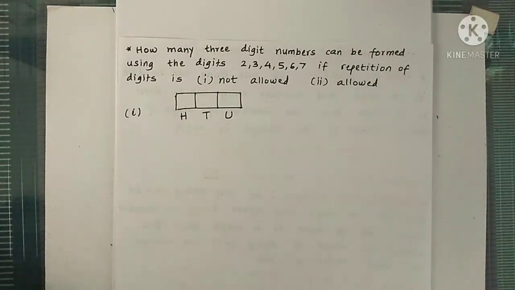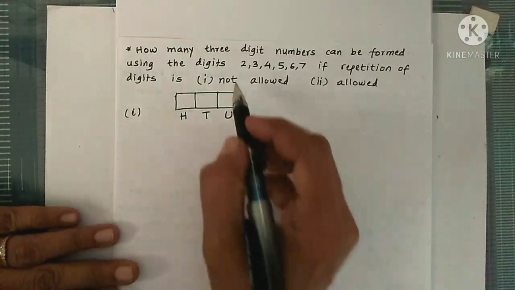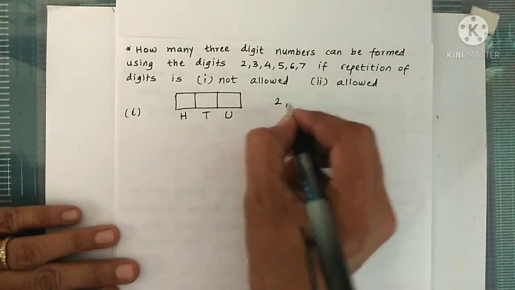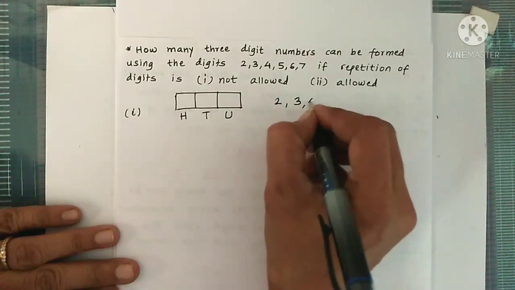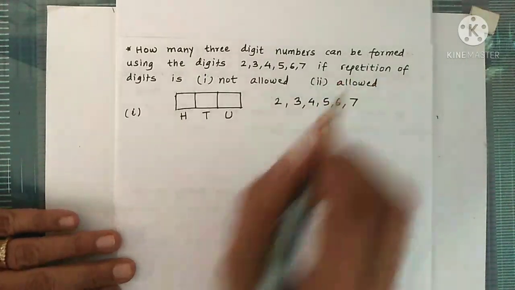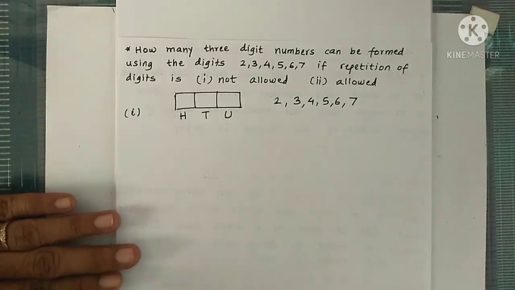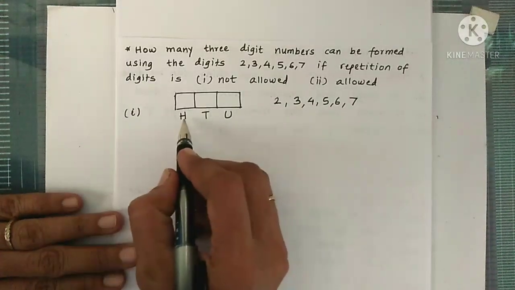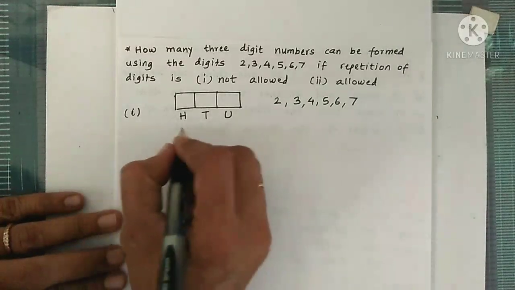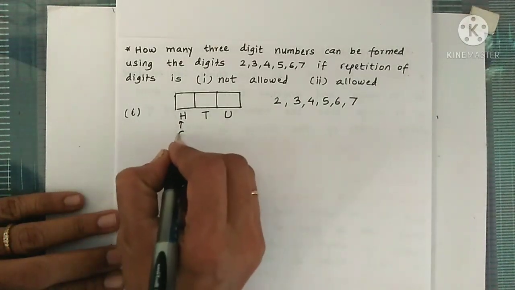Let's see how we can do this. In the first one, repetition of digits is not allowed. The given digits are 2, 3, 4, 5, 6, 7. First of all, for the hundreds place, 6 digits are available. So this can be filled in 6 ways.